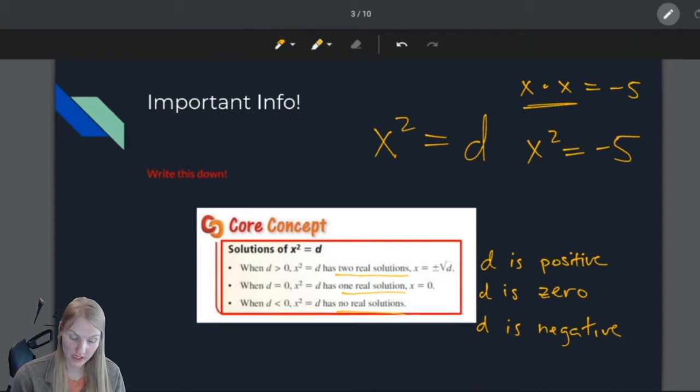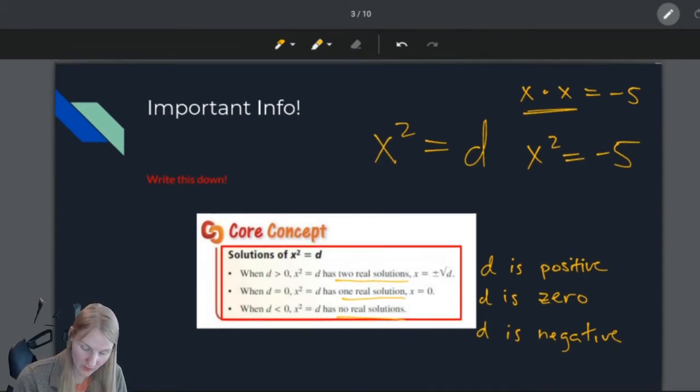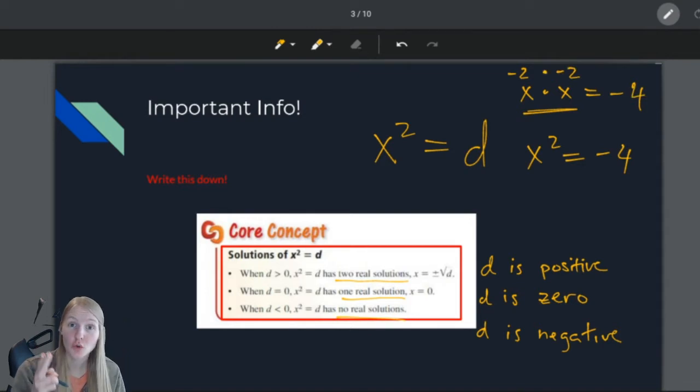There is no real number that does that, because remember, even if I had negative, well here, let's use -4 as an example. Goodness gracious, that's a 4. Okay. So even if I had -2 times -2, 2 negatives make a positive. So no matter what, this is not possible.